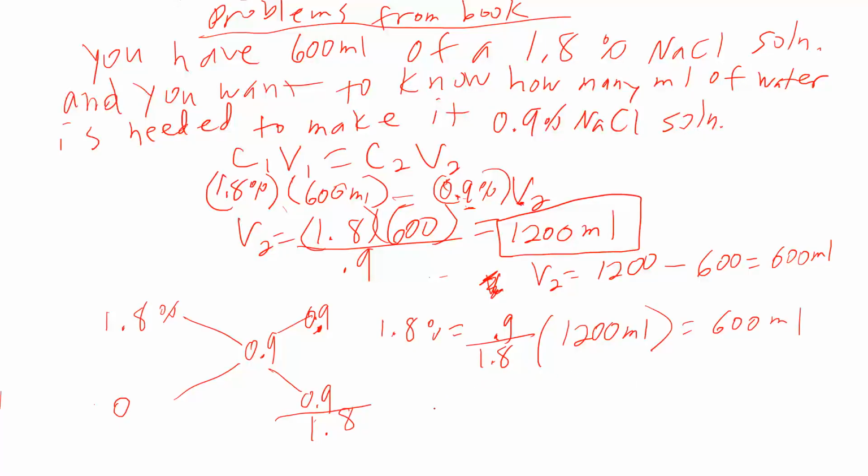And then the water would be 0.9 over 1.8 times 1200 equals 600 mils.